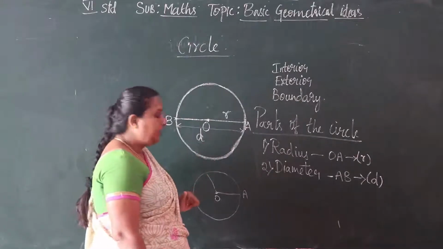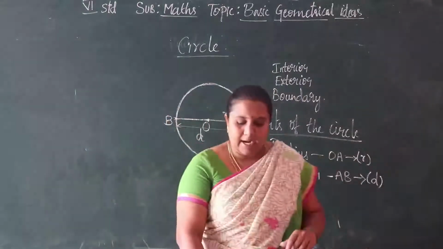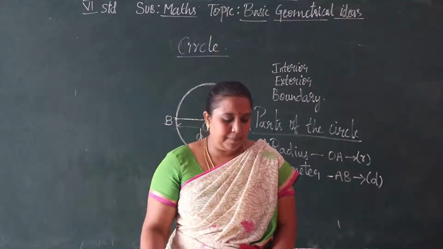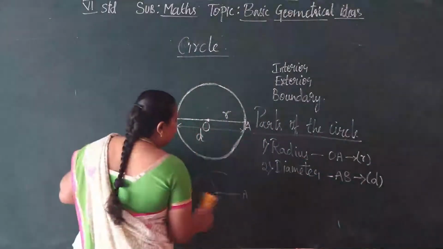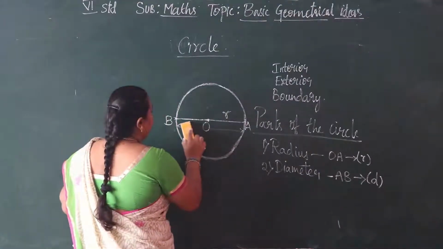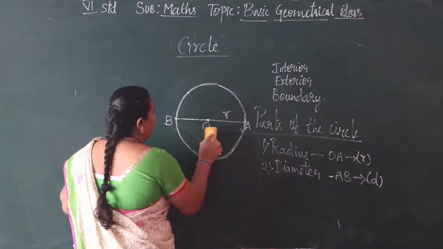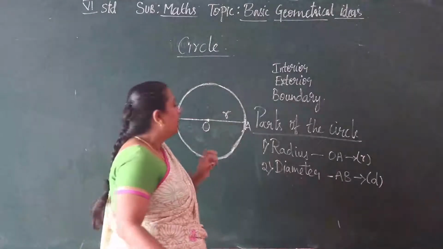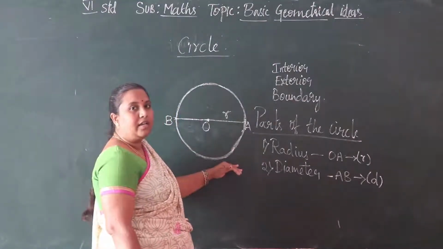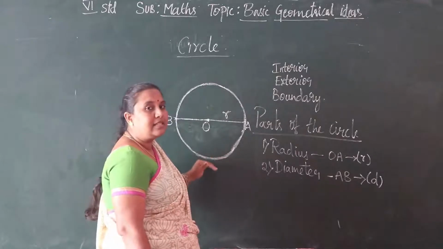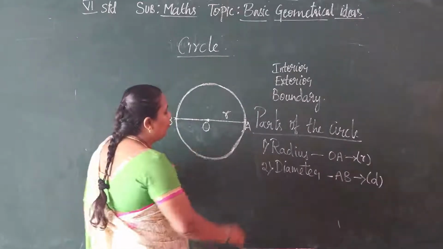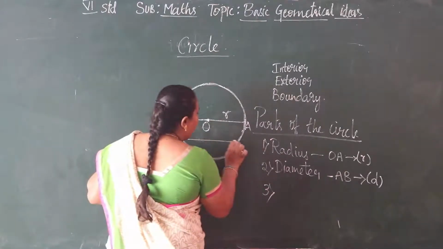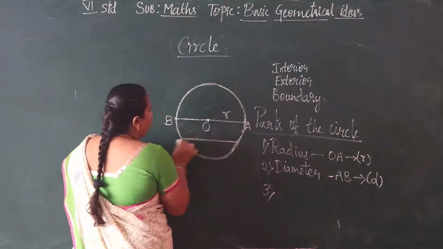Okay, and then we move on to another part, that is the segment. So what is a segment? Next we move on to the chord. This is the chord of the circle.